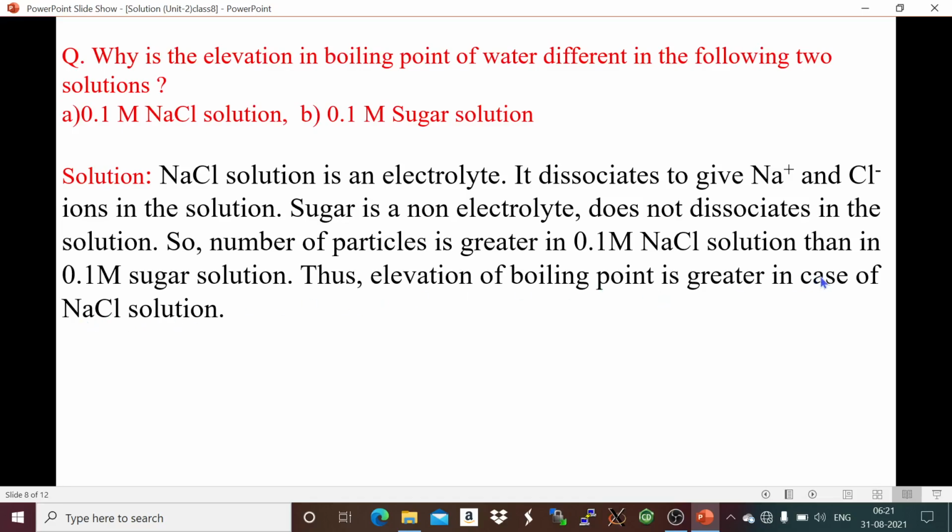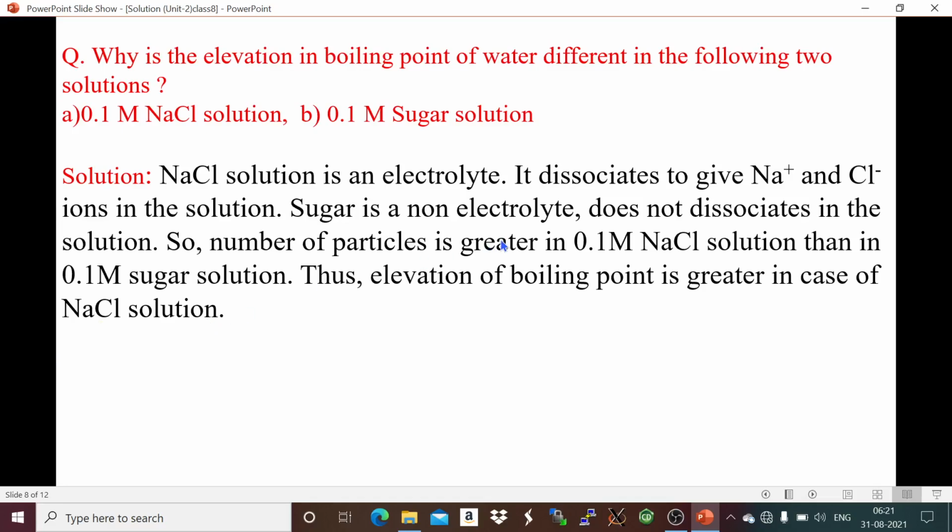The number of particles increases, so the elevation of boiling point, which is a colligative property, only depends on the number of particles. So as the number of particles in sodium chloride increases, the elevation of boiling point also increases.